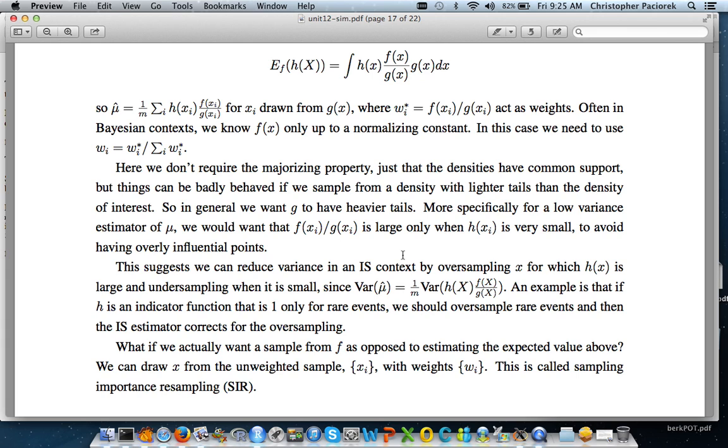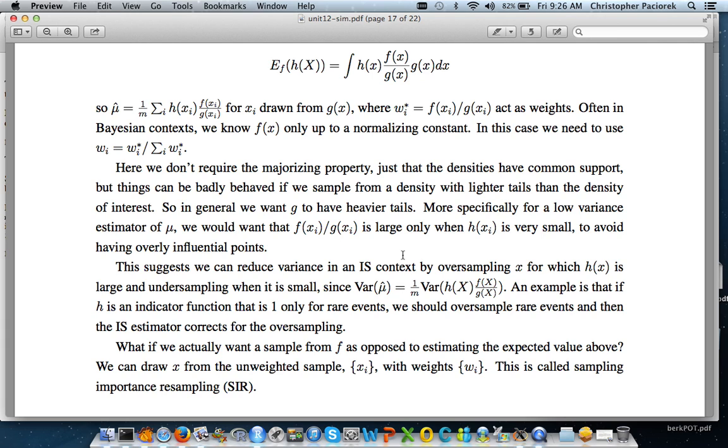So suppose I've got some distribution f, and I'm interested in the expectation of the indicator of x less than some constant c. Well, this is just the probability that x is less than c under the distribution f. Okay, so suppose that c is here. And now suppose I'm thinking of using importance sampling to estimate this expectation, which is its probability.